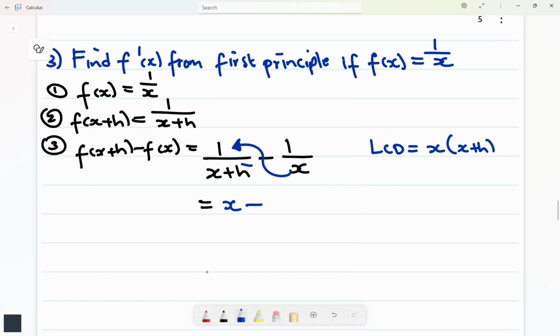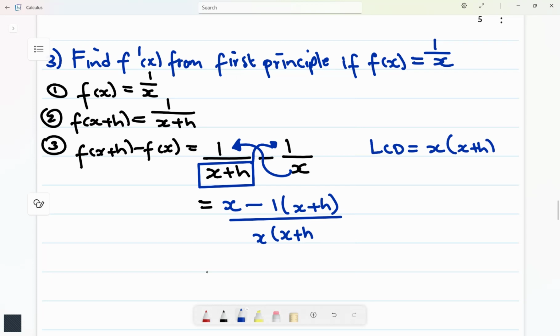Then multiply all of this to the other side like that. You're going to have 1 multiplied by x plus h, which is the same as x plus h, okay? Put a bracket. It's very important to put a bracket. If you do not put a bracket like that, you're going to make a mistake. Minus 1 into x plus h. Okay, this is me just multiplying. Then remember, divided by the LCD, which is x into x plus h.